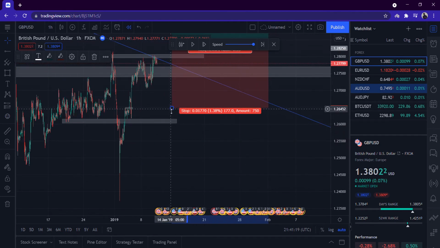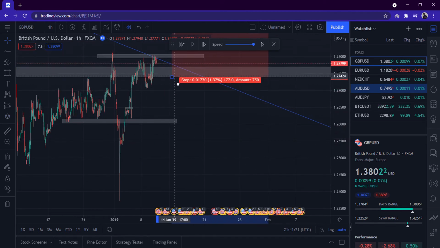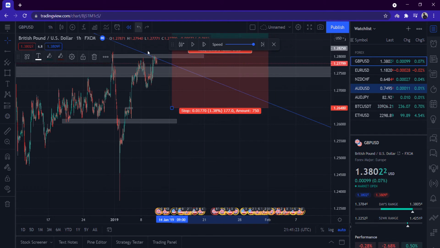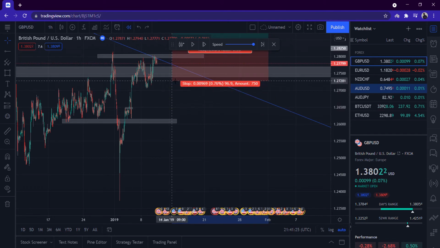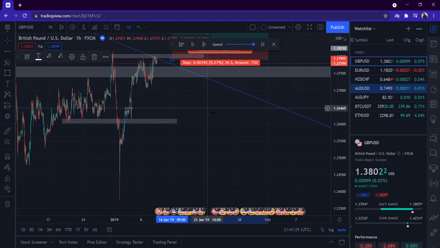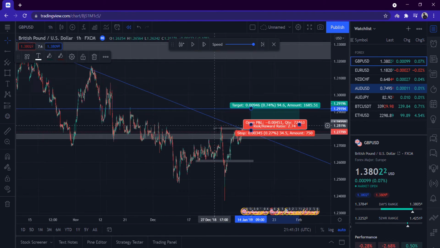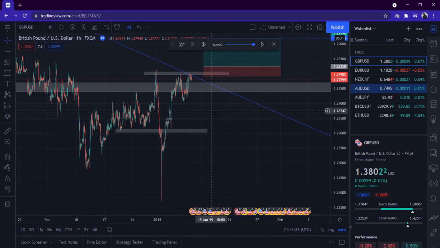My stop loss is below structure. My stop loss has to be below structure.